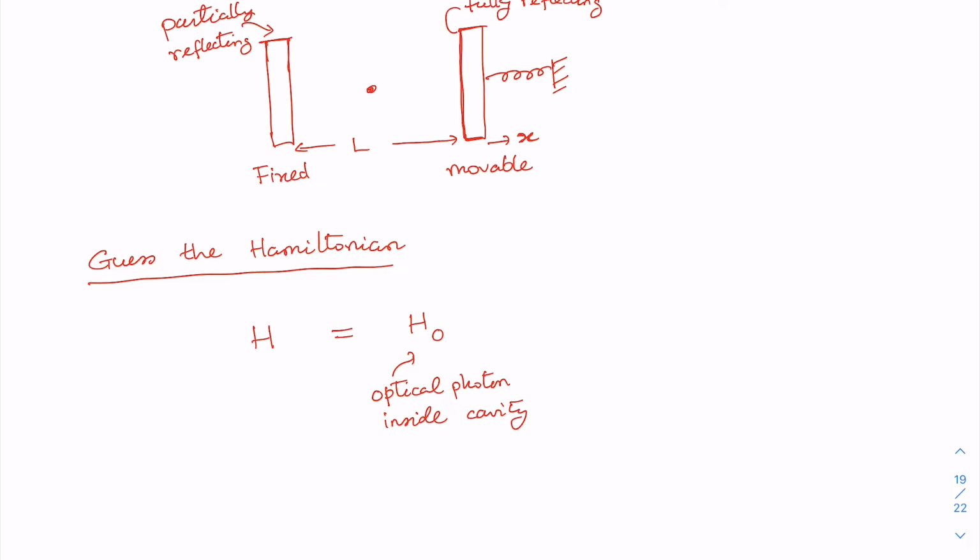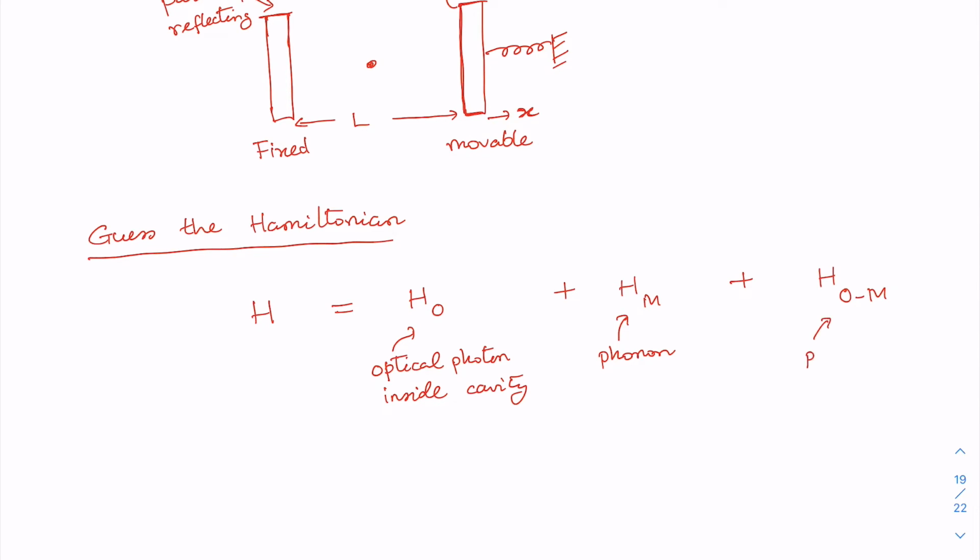The other contribution is from the phonon in the mechanical oscillator, which is the movable mirror. So this is due to the phonon, and there would be an interaction between the photon and the phonon. This would be the Hamiltonian corresponding to the photon-phonon interaction.